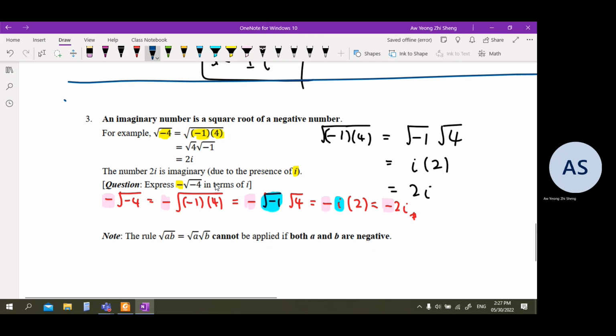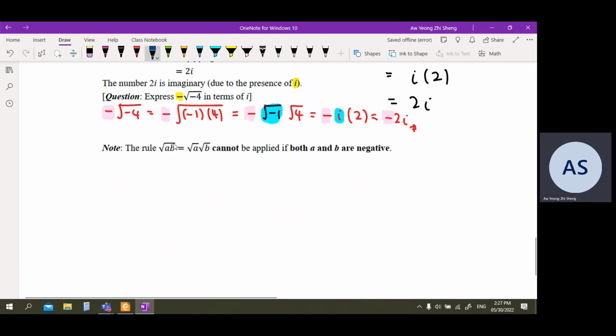Usually, if we have the surd of 15, which we can write as the surd of 3 times 5, it can be safely written as surd 3 times surd 5, and this is a correct result. However, the distributive property of square root over multiplication cannot be applied if both numbers involved in the multiplication are negative.